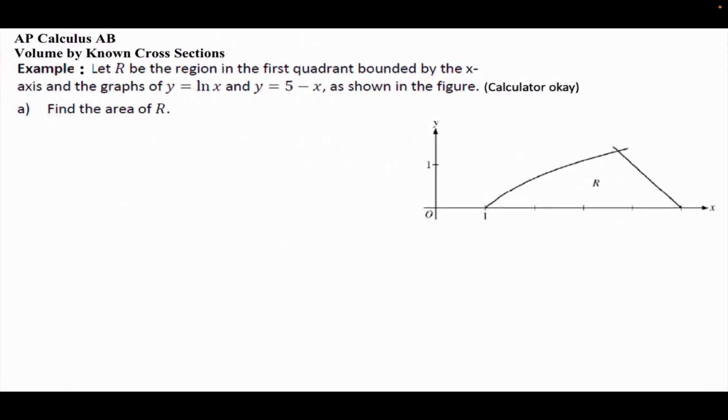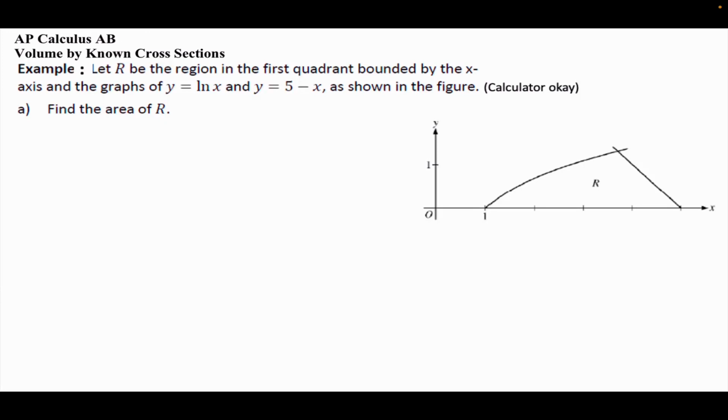It's a good problem to work together because this one deals with not only volume, but also with area. One of the first things we did was talk about area between curves. So let R be the region in the first quadrant bounded by the x-axis and the graphs of y equals natural log of x and y equals 5 minus x.